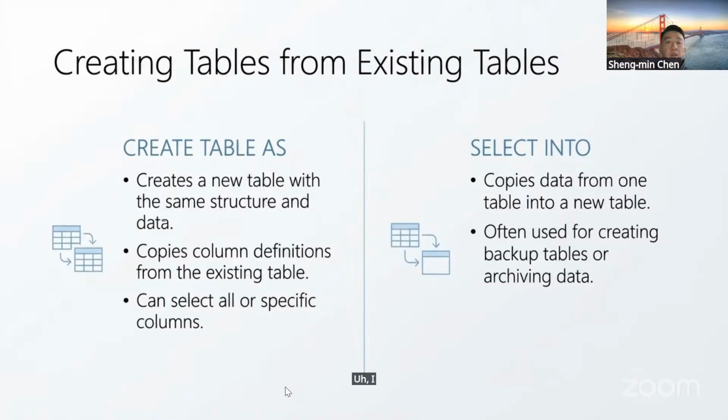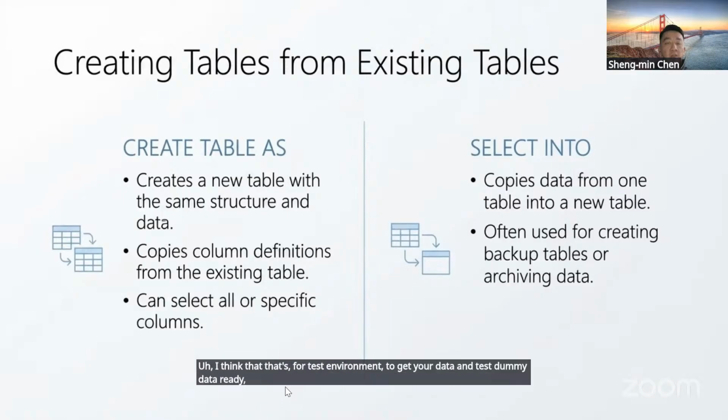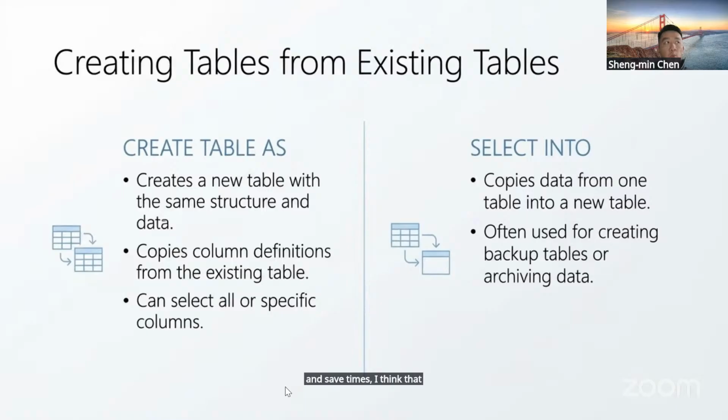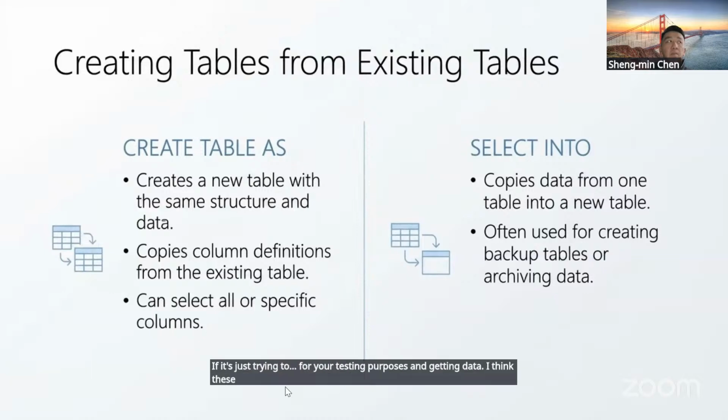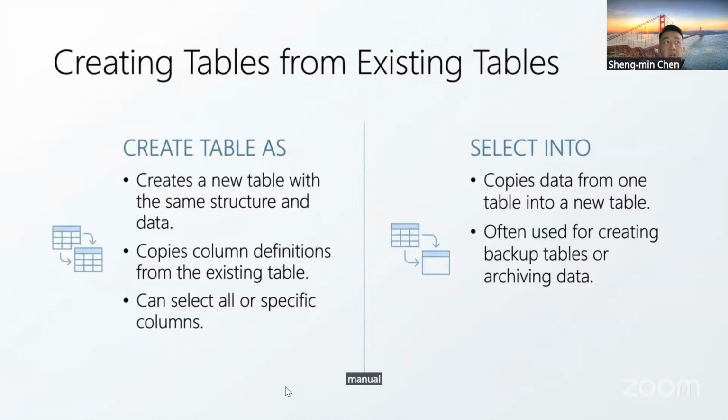That's for the test environment, to get your test dummy data ready and save time. I think that is a calculated move that is within the ethical realm. If it's just for your testing purposes and getting data, these are manual tests that, in my opinion, would be silly to always do manually row by row.